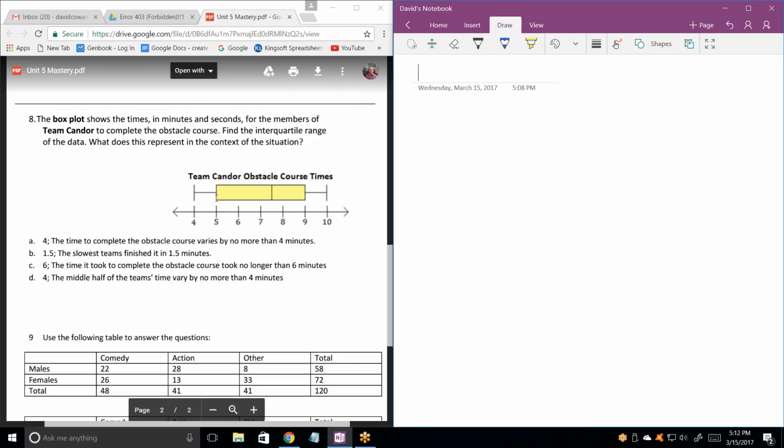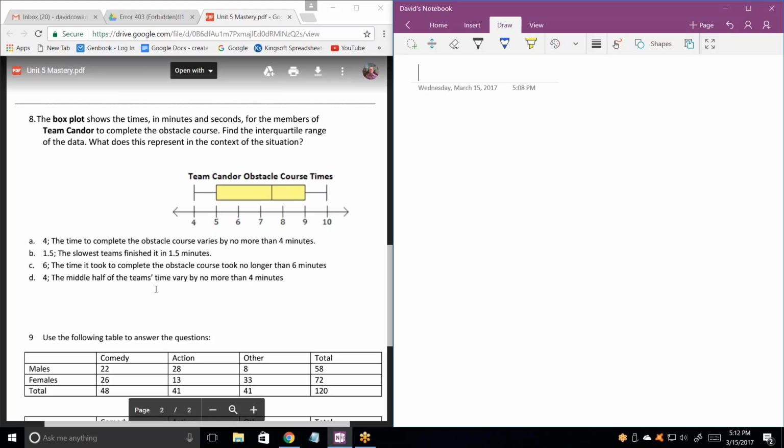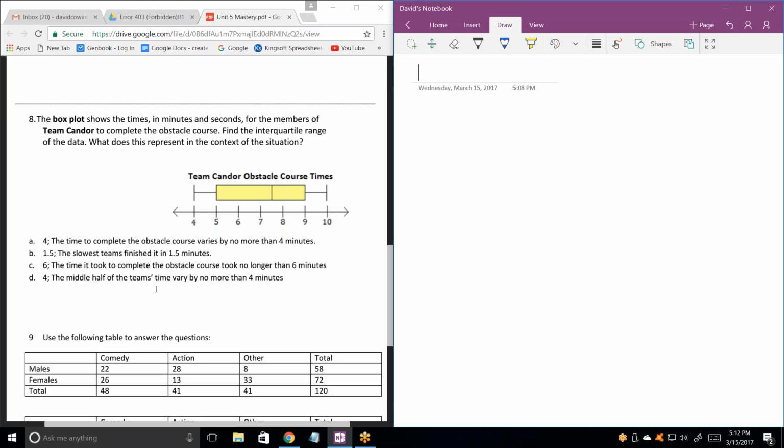Notice that from the beginning of the whisker plot to the end is 4 minutes. And the interquartile represents the middle half of the team's times, right? In other words, these are broken up into 4 quarters. From 4 to 5 is 1 quarter.